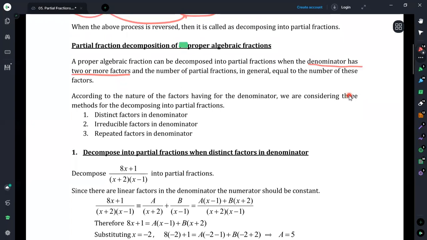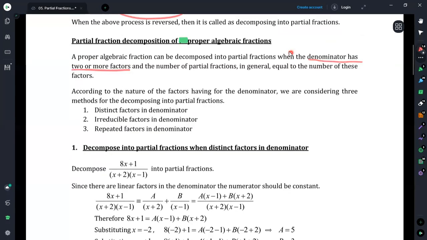And according to the nature of the denominator, we can use three techniques to decompose an algebraic fraction into partial fractions. Therefore, according to the nature of the denominator, we are defining these three methods. Still, we are discussing how to decompose a proper algebraic fraction into partial fractions.